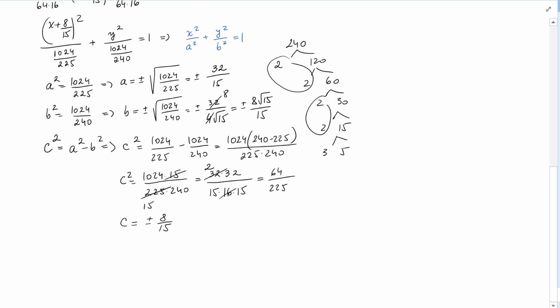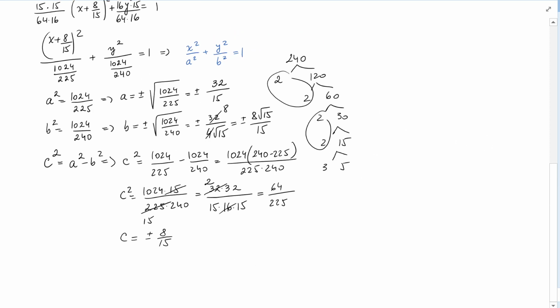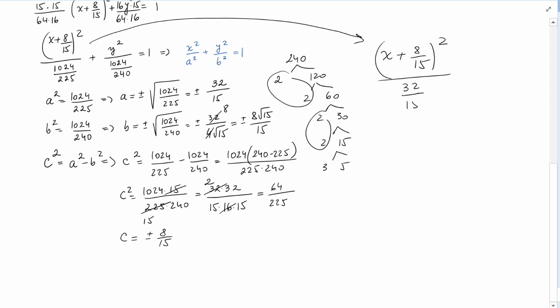So basically, from this equation we obtained an ellipse: x squared over 32 over 15 squared plus y squared over 32 over 4 square root of 15 squared, or 8 over square root of 15 squared.